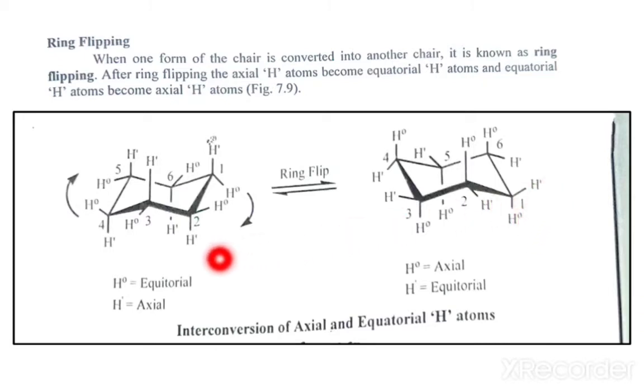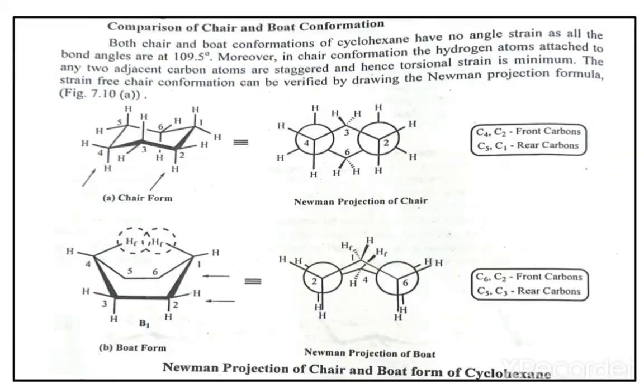That means in the first conformation H zero is equatorial and in the second it is axial, while H dash in the first conformation is axial, and after ring flipping it becomes equatorial. That means this is the interconversion of axial and equatorial.